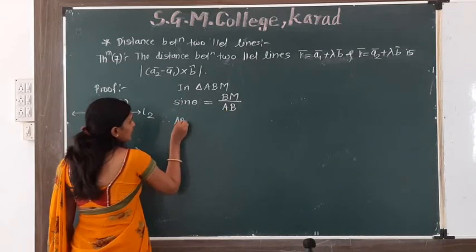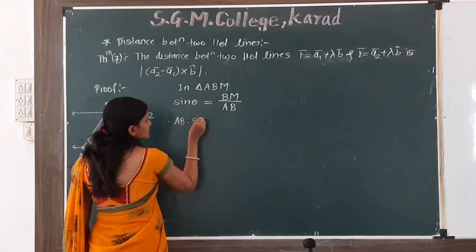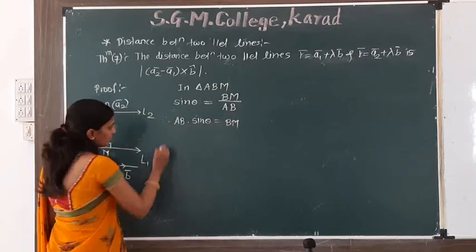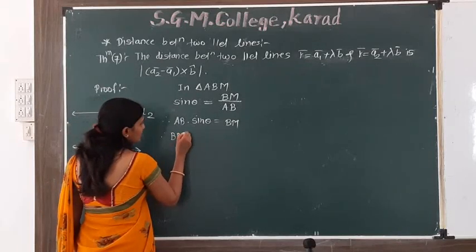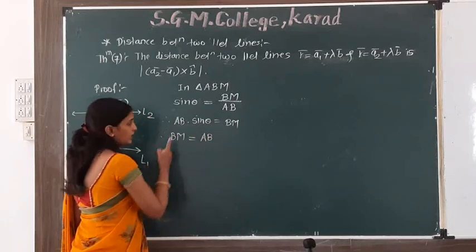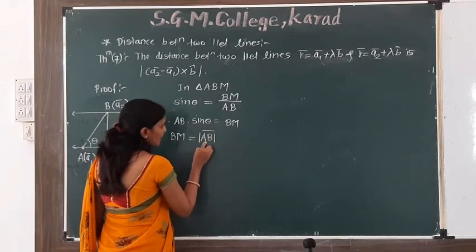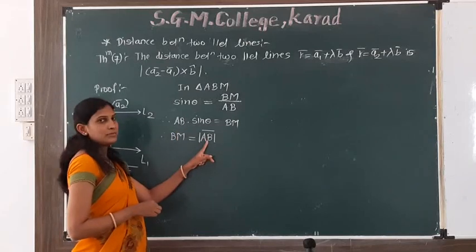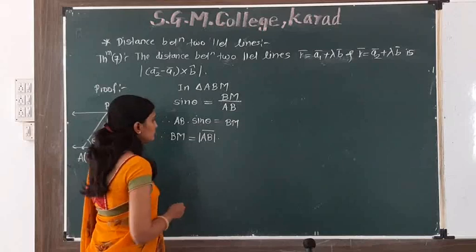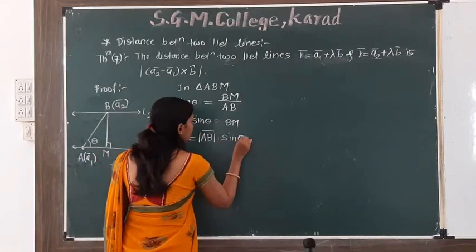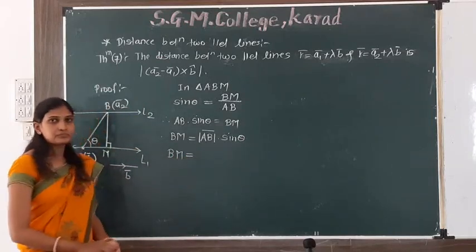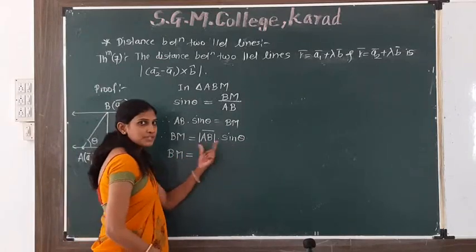Therefore, AB dot sin theta is equal to BM. Therefore, BM is equal to AB. We write AB as the magnitude of AB bar, which are the same, into sin theta.